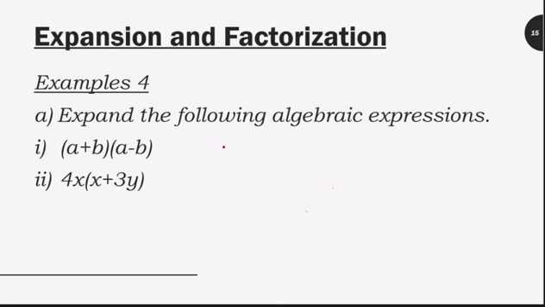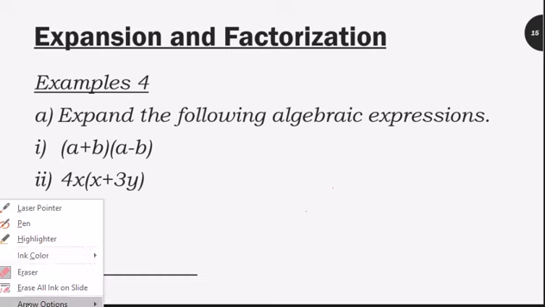The action of multiplying smaller factors to get a bigger product is what you call expanding. Example: expand the following algebraic expressions: a plus b, a minus b, 4x open bracket x plus 3y.